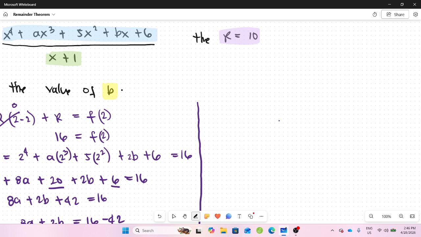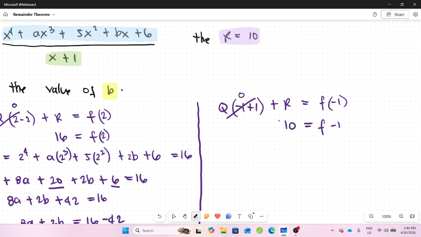So our quotient and then our divisor, that should be negative 1 plus 1, so that this becomes 0, plus r equals f of negative 1. So this becomes 0. From the condition, our remainder is 10.